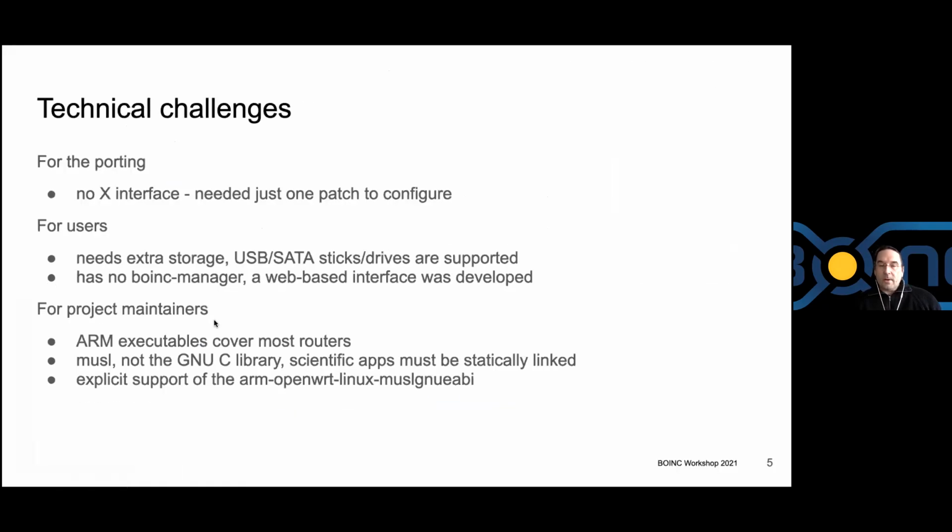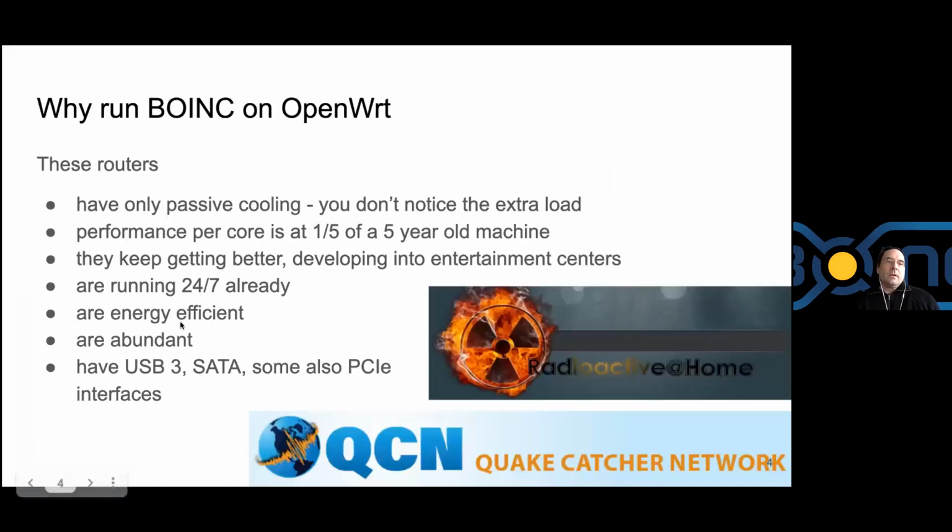So the motivation why is, well, they're appealing. There's no noise, just all passively cooled. It's just basically a fifth of the performance of the kind of regular machine that you have, but it's no overhead basically.